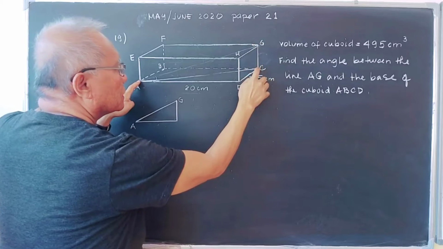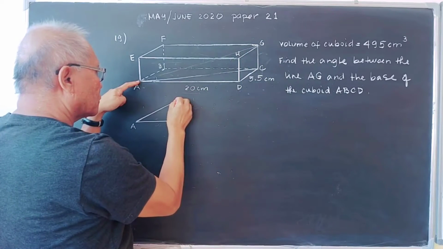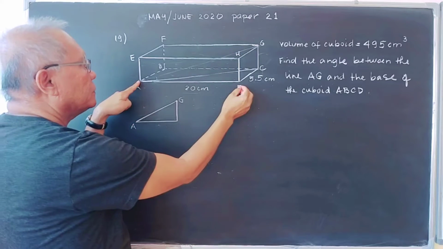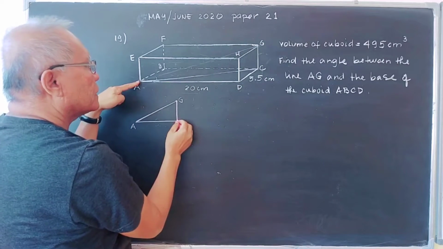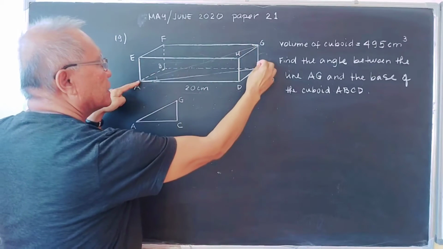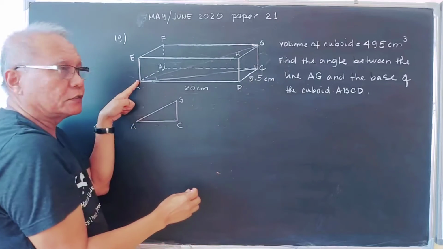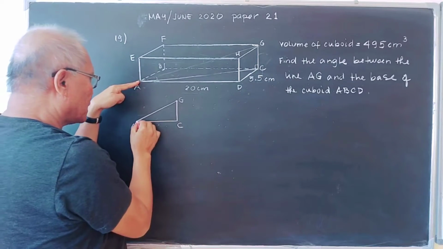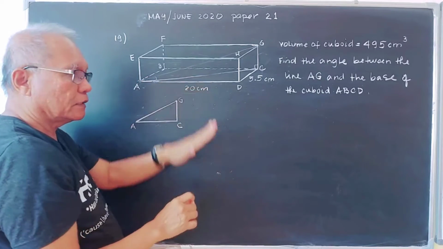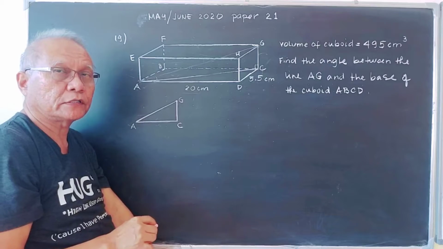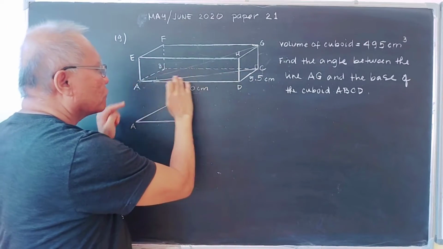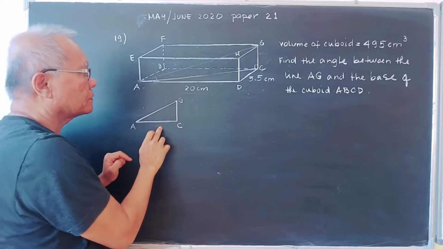And this one is the C. So we have a triangle there. This one is 90 degrees. Our AC is actually the floor of our cuboid, the base of our cuboid, A, B, C, D. That's the surface there, the AC.